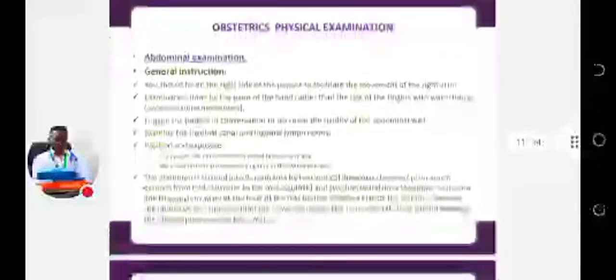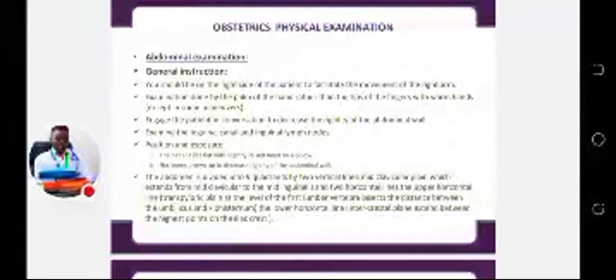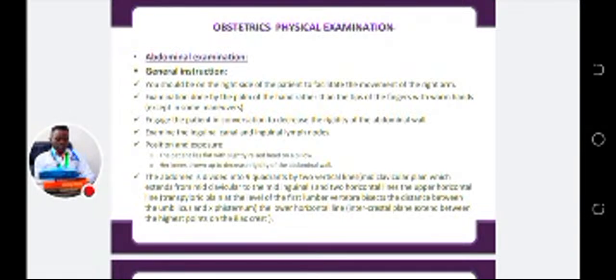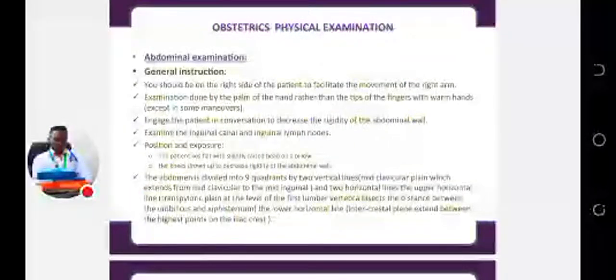Then under abdominal examination, generally you go for the general instruction. You should be on the right side of the patient to facilitate the movement of the right arm.